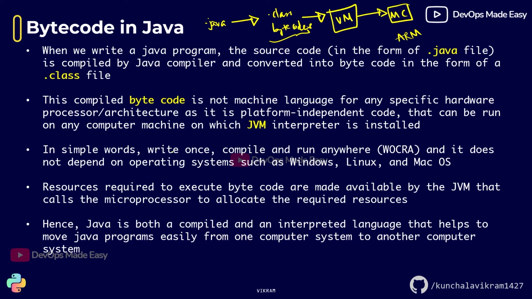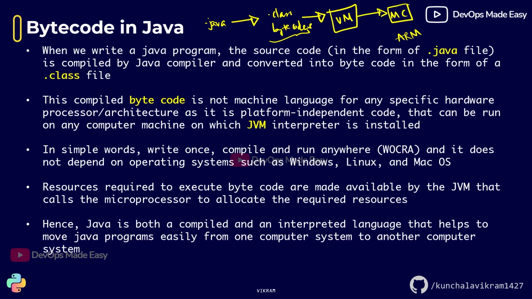In simple words, we write our source code once, compile it into bytecodes, and run these bytecodes anywhere with the help of VMs, the virtual machines that exist for Windows, Linux and Mac OS. You can take the same bytecode and run it on all the operating systems with the help of VMs for their dedicated operating systems. The resources required to execute bytecode are made available by the JVM.